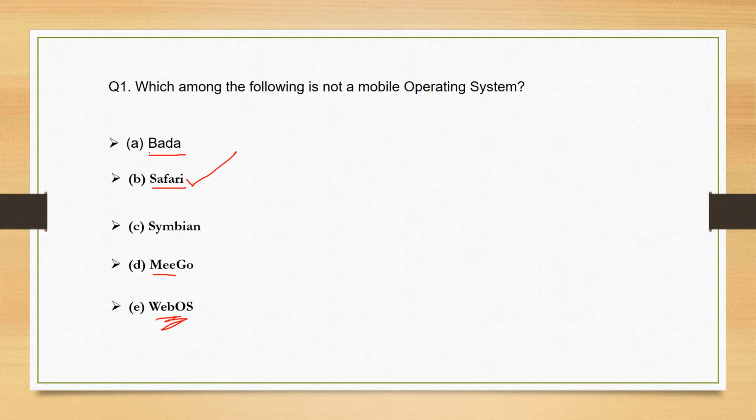WebOS is a freeware mobile operating system and this is basically for smartphones and smart tablets. So out of these five options, Safari is the one which is not a mobile operating system. It is basically a web operating system. So our right answer is Safari. Let's move forward and discuss the next question.